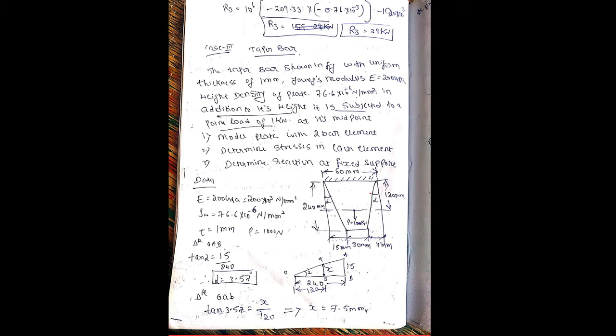What is the difference between the previous two problems and this problem? Can anyone tell me? In the previous taper bar problem 2 and this problem, what is the difference? Here everything is bar only. Weight is there in the first problem also.